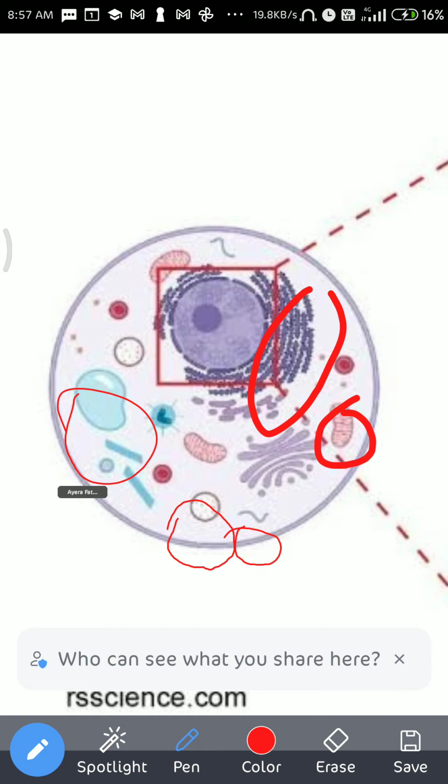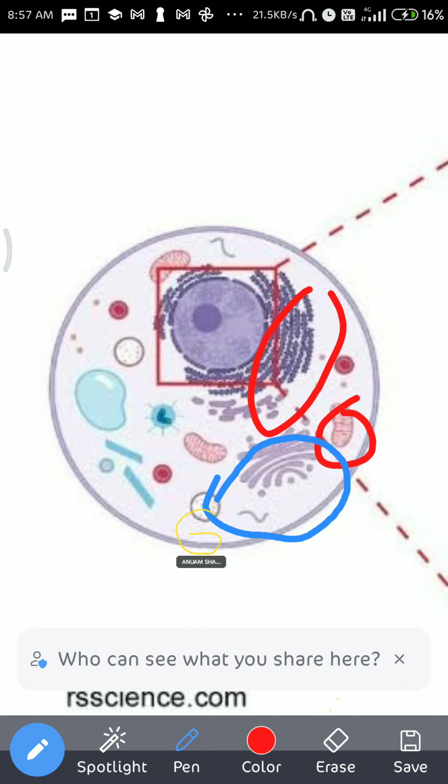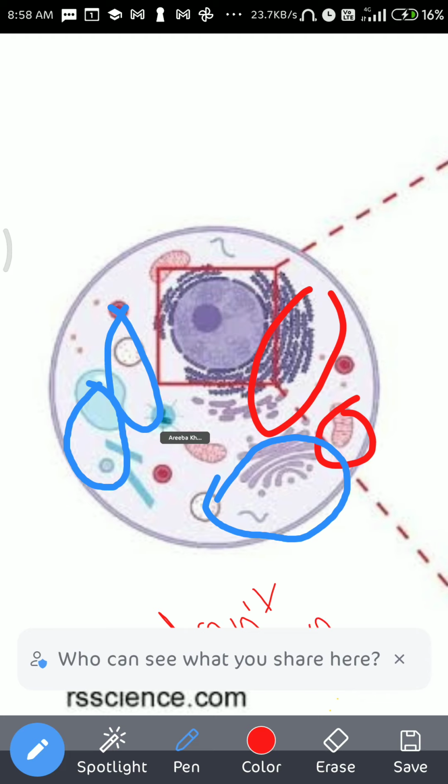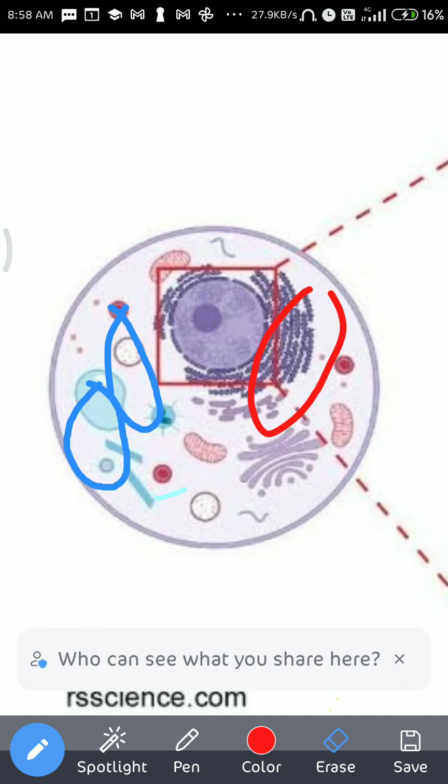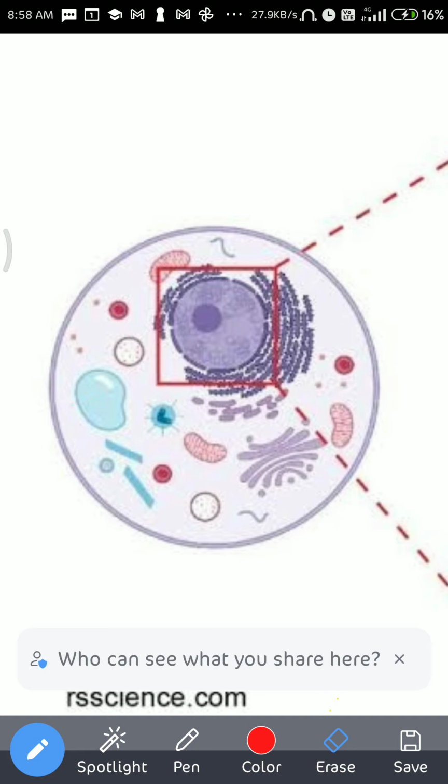Just now I told you. Why are you using a screen? My screen. This is Ira. Who is making my screen dirty? Stop doing it. This is Ariba. I will block you in the class if you disturb the class.